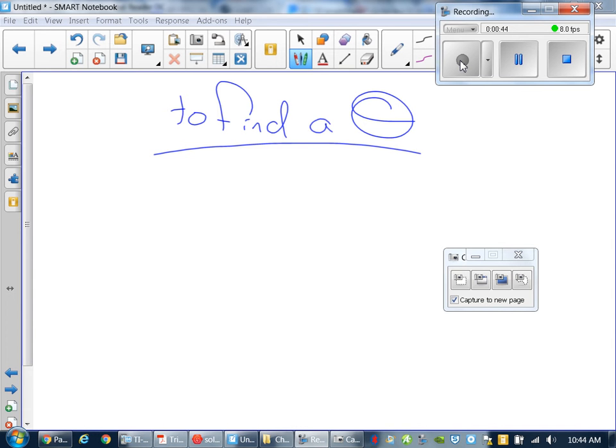What I want you guys to think about here real quick is, what are inverse operations? What does it mean to use an inverse operation? Opposite, okay? To undo something.